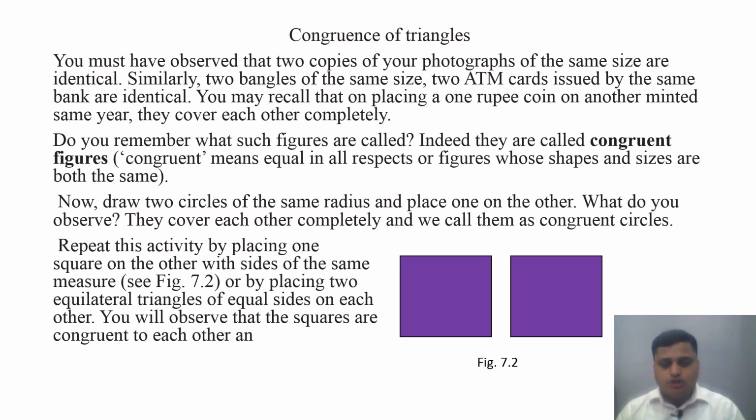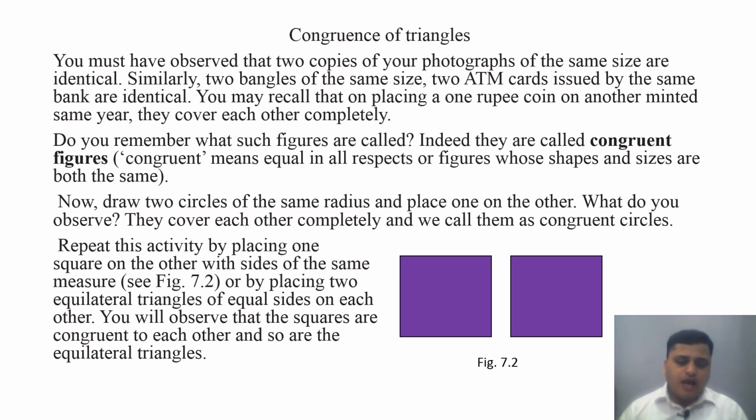So we observe that the squares are congruent to each other, and so are the triangles. Is it clear?